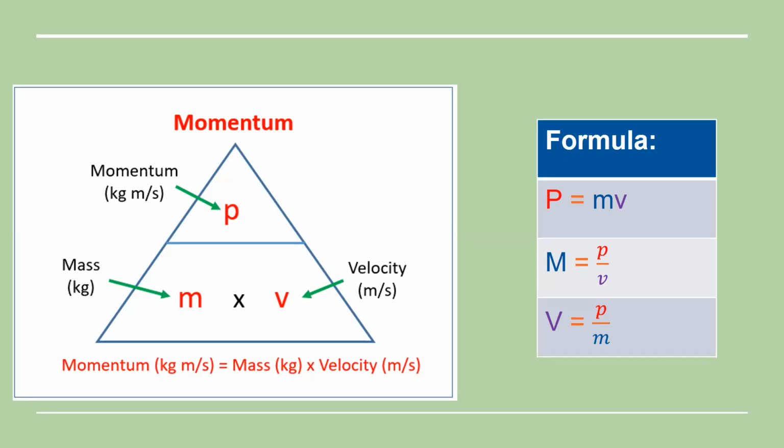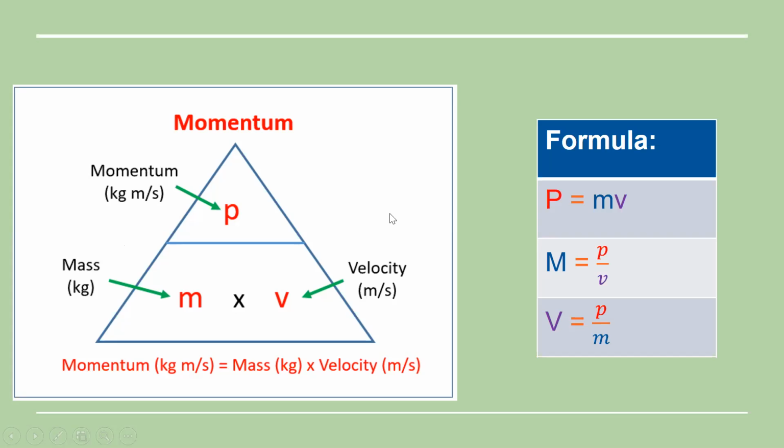So for instance, if I give you a question and I say, what is the momentum? And then if you see answer choices and one of them is in kg and one's in m/s, those can't be right because I asked you for momentum, and momentum is kg m/s. Okay, so always check your units.